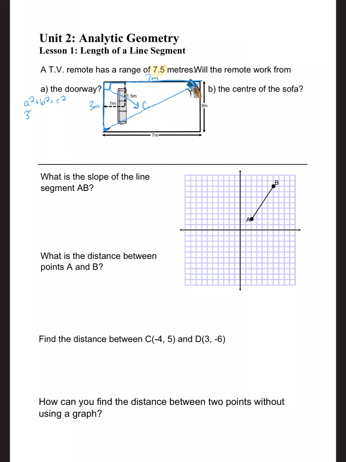So we have 3 squared plus 7 squared equals c squared. 3 squared is 9, 7 squared is 49, equals c squared. We'll continue to simplify this. Finally, to isolate c, we take the square root of both sides. The square root of 58 is 7.6 meters, so c equals 7.6. Remember, it has to be within 7.5 meters for the remote to work.